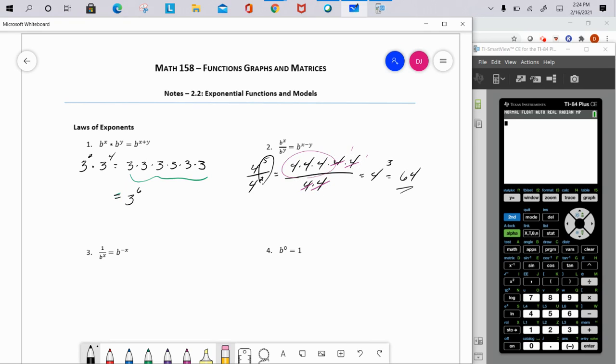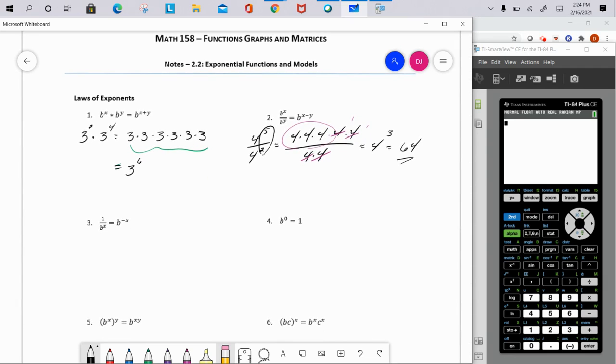Okay. Now number 3, we've kind of visited this already, right? So if I've got 5 to the negative third power, that means 1 divided by 5 to the third, or 1 over 125. Well, let's think about number 2 in context.